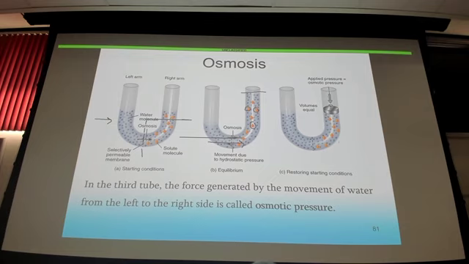Alright. So that's osmosis. But remember that membrane is permeable to water, just not solute. So what if we put a cap on this one? We could actually measure that pressure.